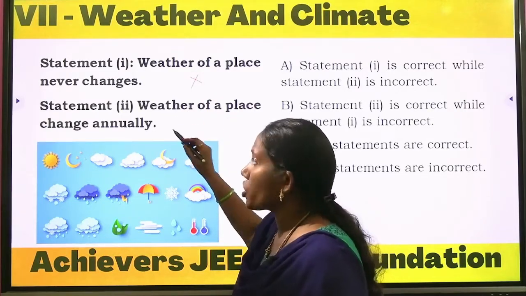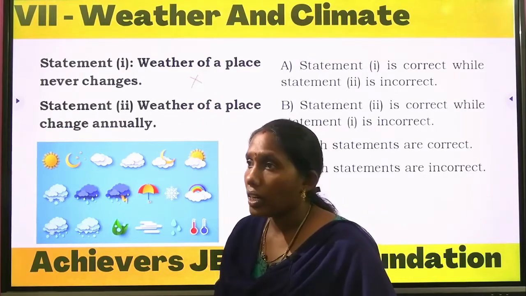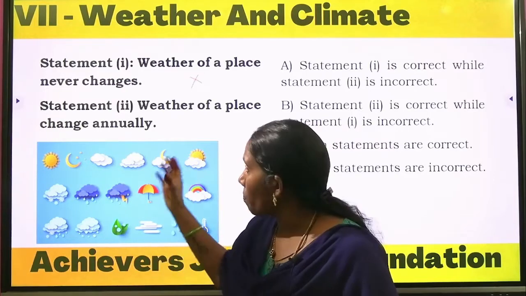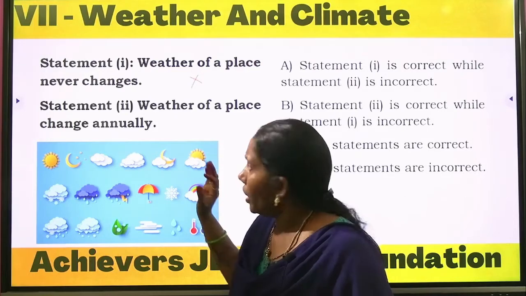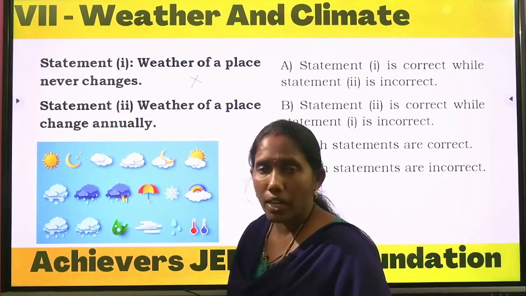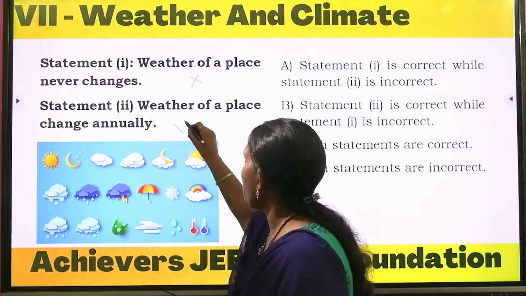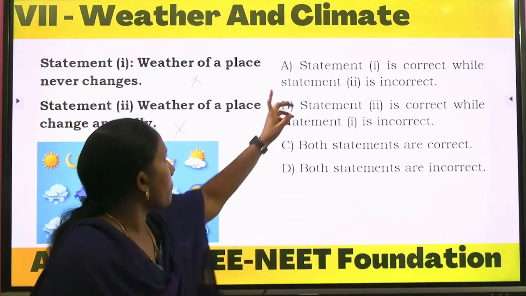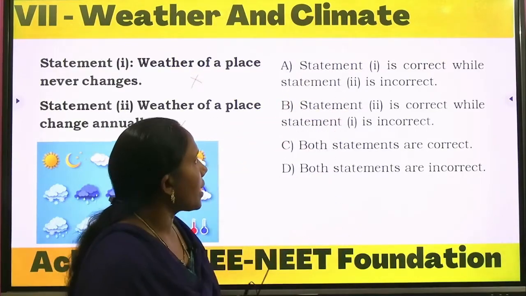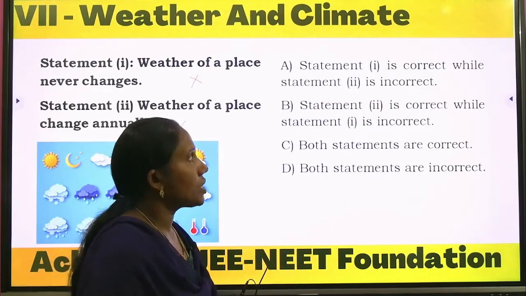Weather of a place changes annually, no. Annually means we can take one year. We cannot say that the weather will not change until one year. So statement 2 is also wrong. So let us see the options. Statement 1 is correct, while statement 2 is incorrect.